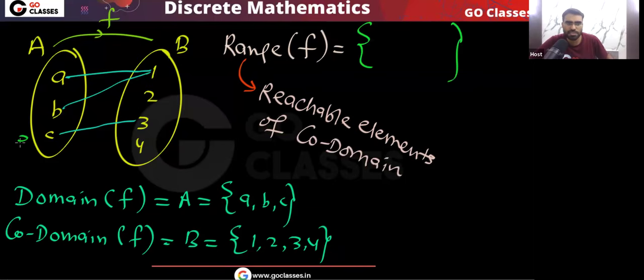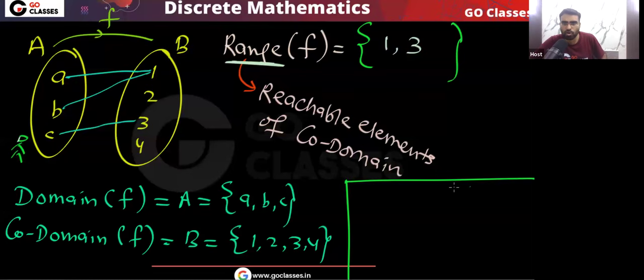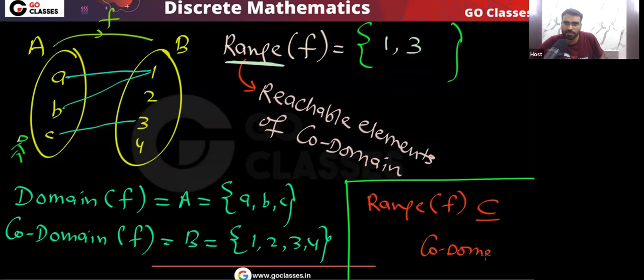Let's assume you are standing in the domain. Which elements of codomain can you reach? That range will be 1, 3. Yes or no? So remember, range of f is a subset of codomain of f. This is the definition of range.